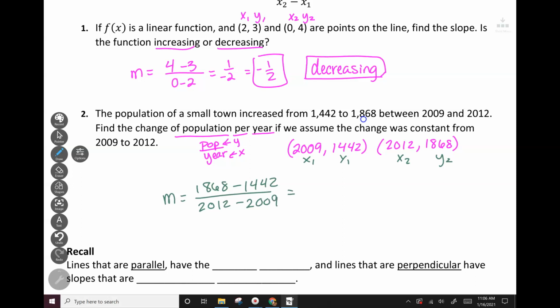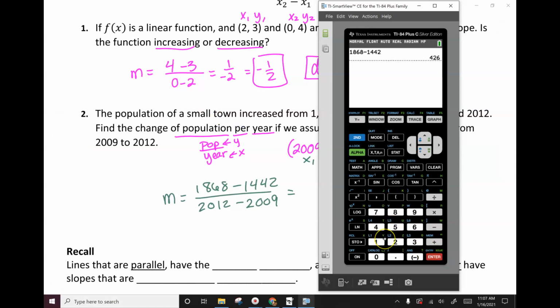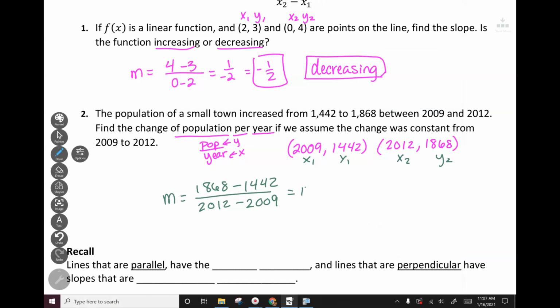All right, so you can use your calculator. 1868 minus 1442, so 426, and then 2012 minus 2009 is 3, so I can just divide that number by 3, and I see the change in population per year is 142 people, so 142 people per year.